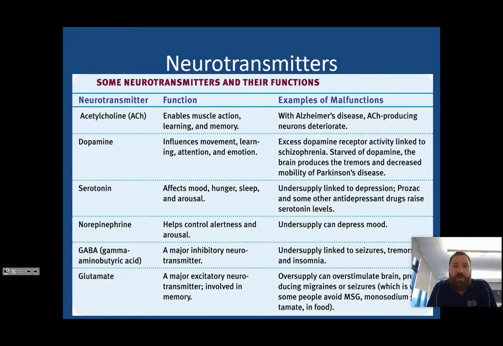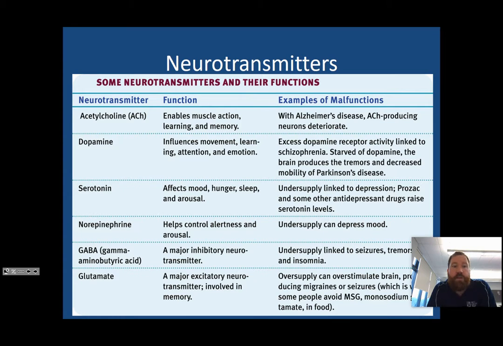So people with low levels of ACH, or neurons that produce ACH, start to deteriorate, causing Alzheimer's, which is an issue with learning and memory. Too much ACH can cause things like tremors and shakes, because, again, muscle action, right? So for ACH, you're going to need to know what could cause too much of it and too little of it.